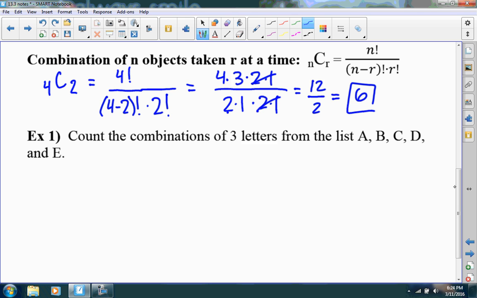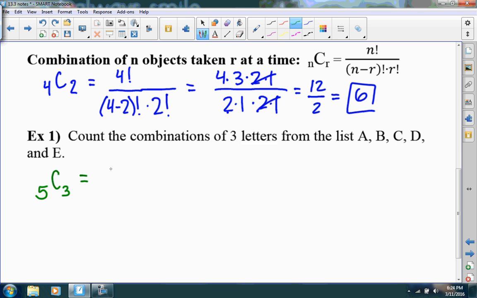But here in example 1, we have a combination of 3 letters. We're going to count the combinations of 3 letters from the list A, B, C, D, and E. So this time we have 5 letters, and we're going to combine them 3 at a time.